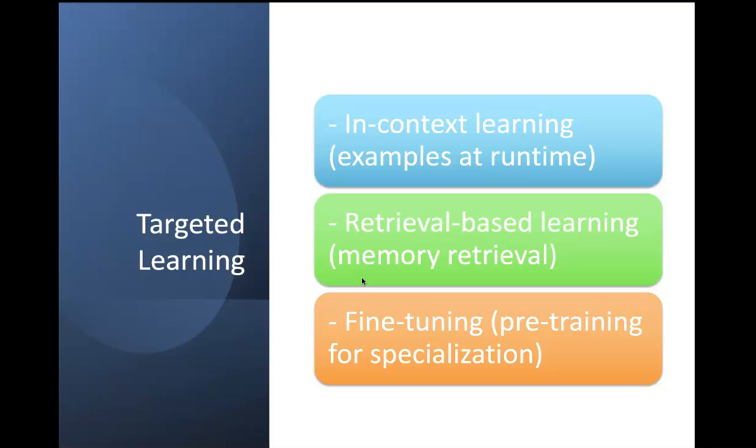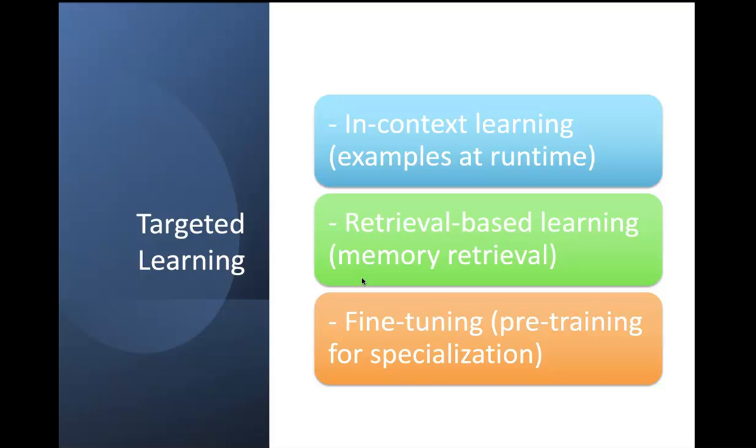It will use these examples at runtime and make the environment ready, and whenever we need any input or any remembrance of these topics, you can get back to that. So basically we can say targeted learning is nothing but focusing on a single goal and achieving that goal using this learning.